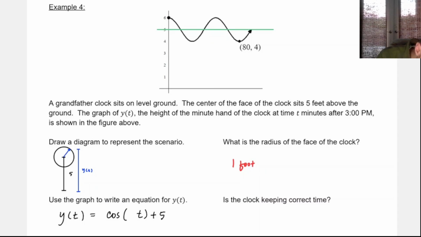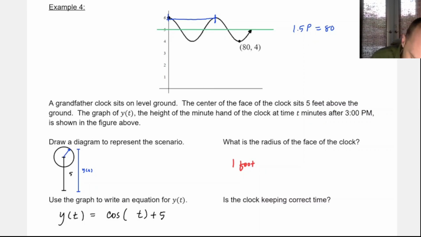Now the period would be this distance here from the top to the top. But I wasn't given that. I was given the top to a second bottom. So that's going to be 1.5 periods. So 1.5 times the period is going to equal the distance from the starting value 0 to 80.